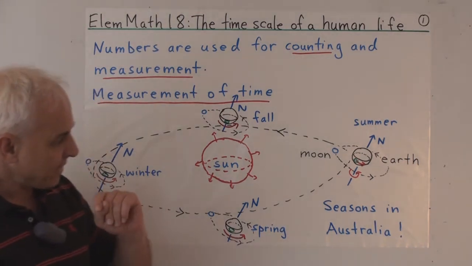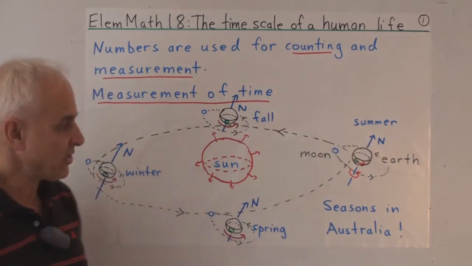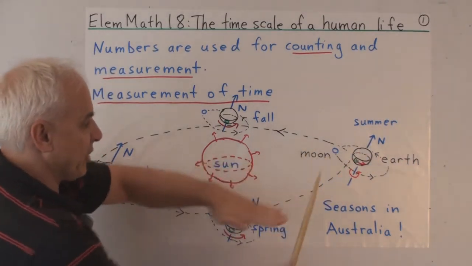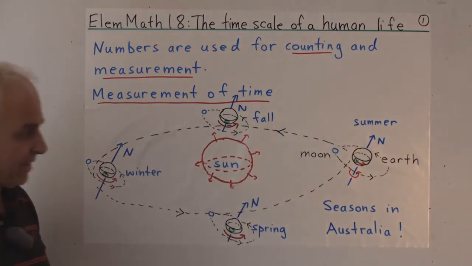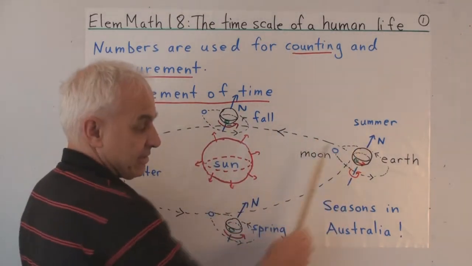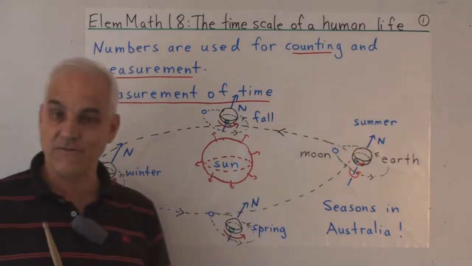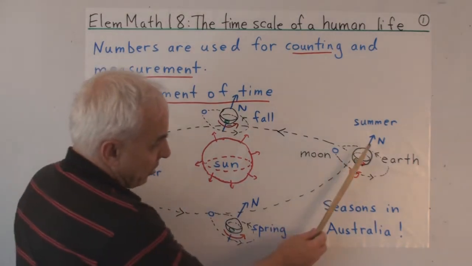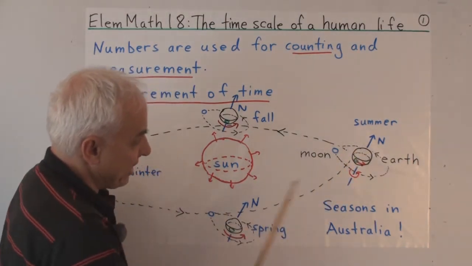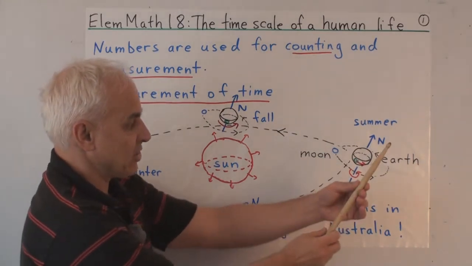An important thing to realize is that the axis of the Earth is not exactly perpendicular to the plane of the orbit of the Earth around the Sun. It's actually tilted somewhat, and that's the basic fact that accounts for our seasons. So as the Earth revolves around the Sun, it maintains its axis. So the axis is always like this.